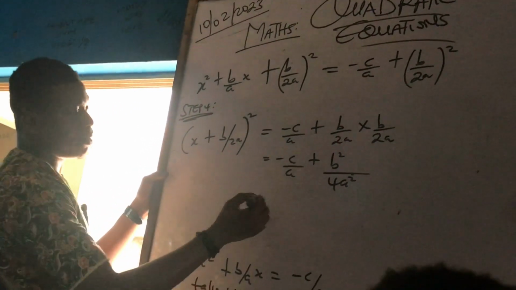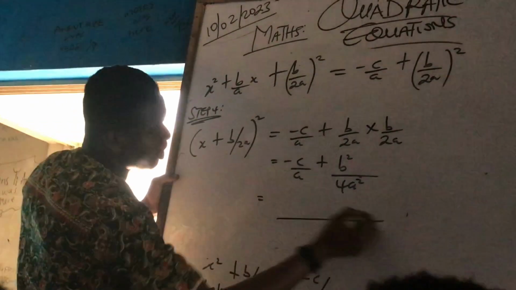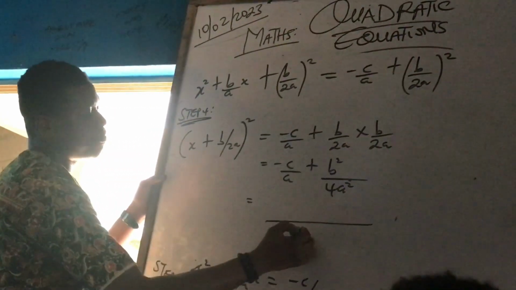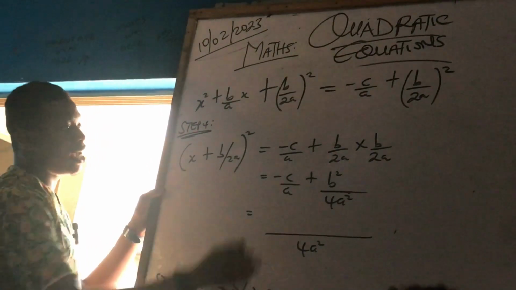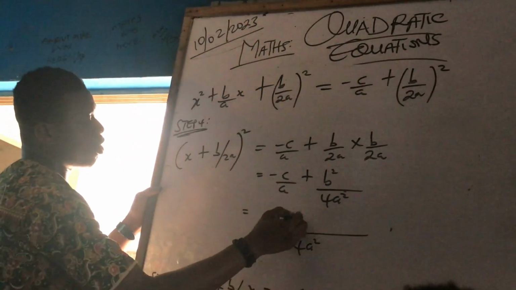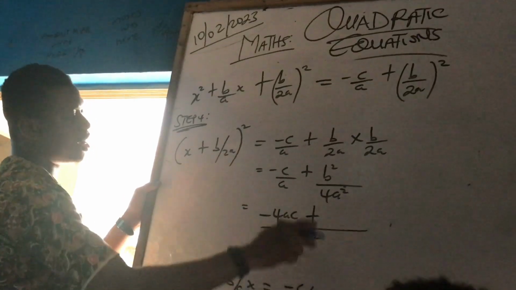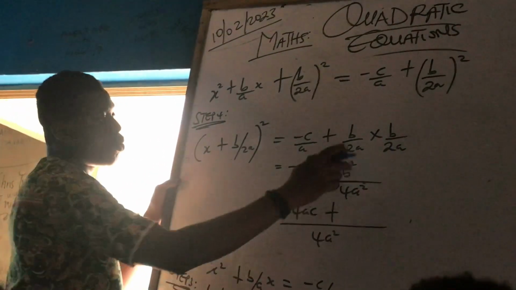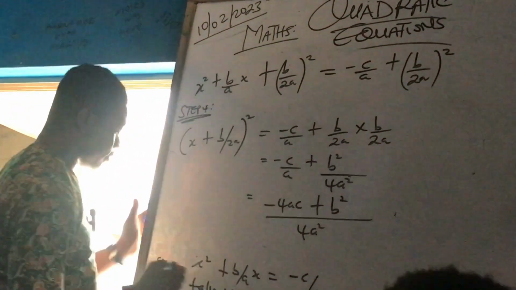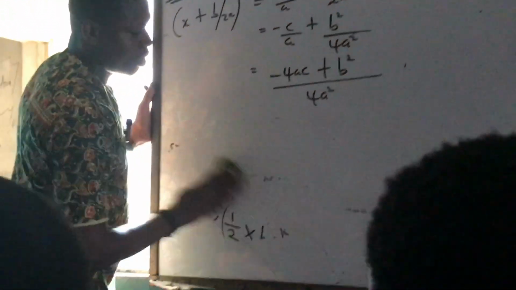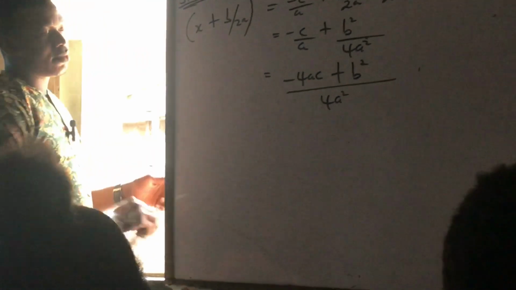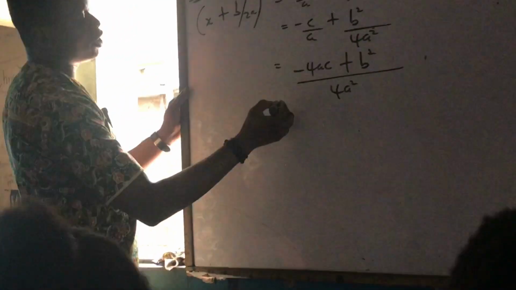Then we take the LCM just to simplify. LCM of these two fractions, 4a squared. 4a squared divide a, 4a times minus c, minus 4ac, plus 4a squared divide 4a squared, 1 times b squared, b squared. So we rearrange. Let the positive number come before the negative in the numerator.